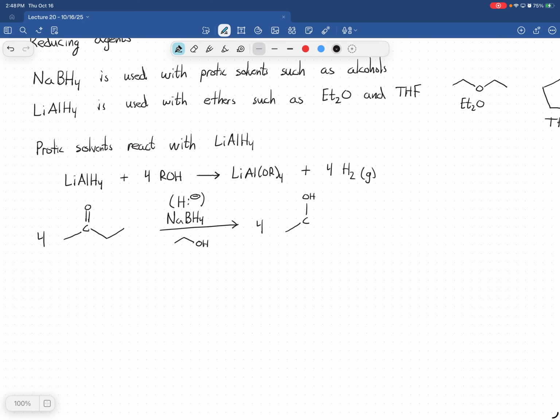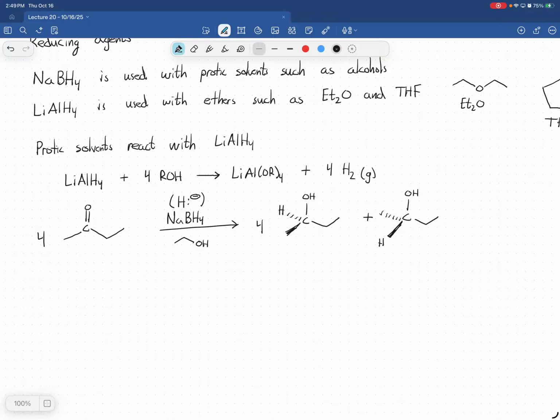So let's say this is OH, like that. Our methyl group may be pointing away from us, and the hydrogen is going in from the back. Or you might get the other enantiomer, where the hydrogen is coming from the front instead, and the methyl group is now situated in the back.